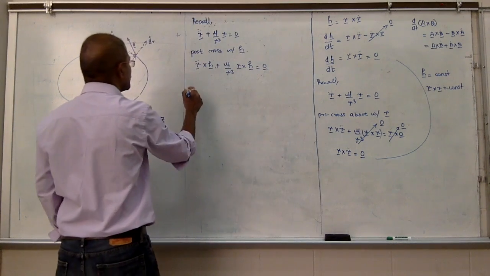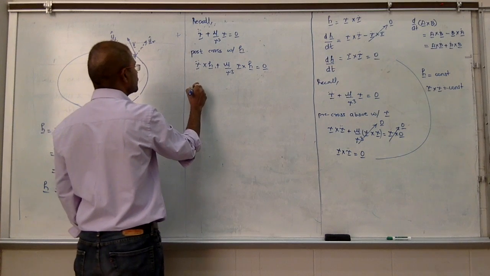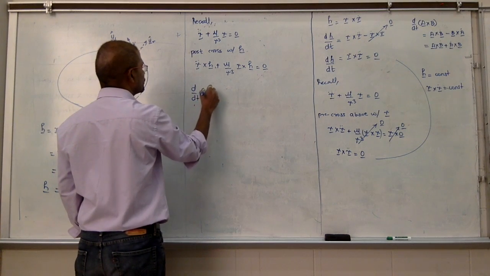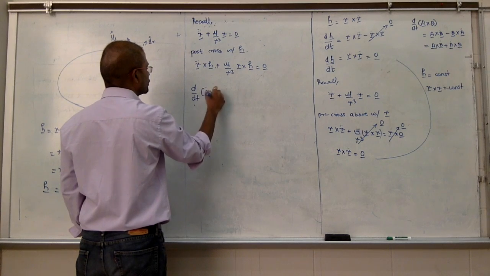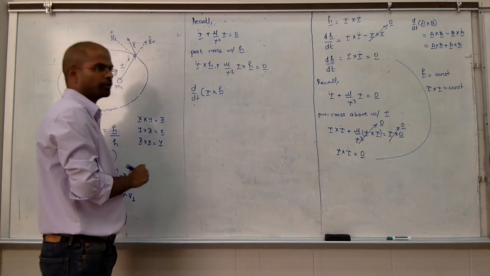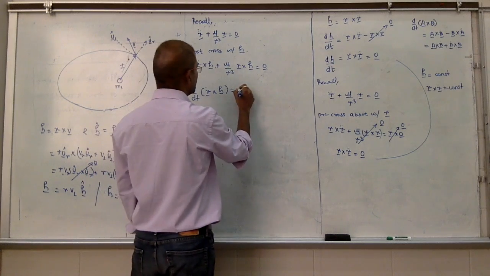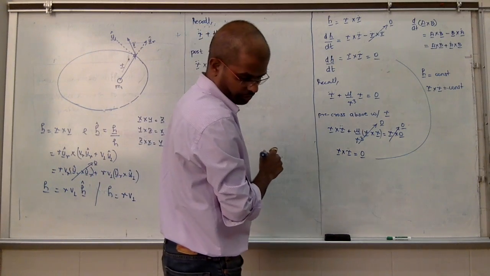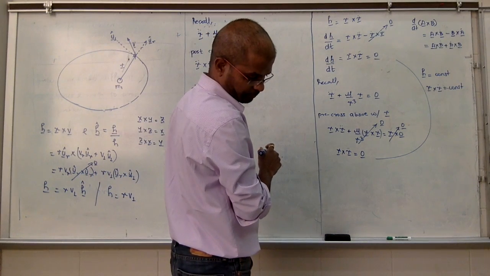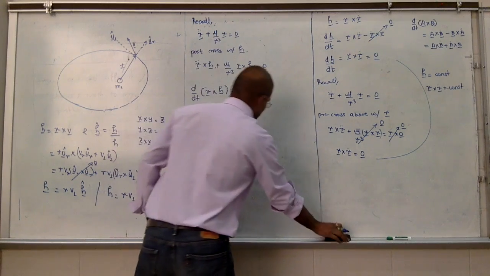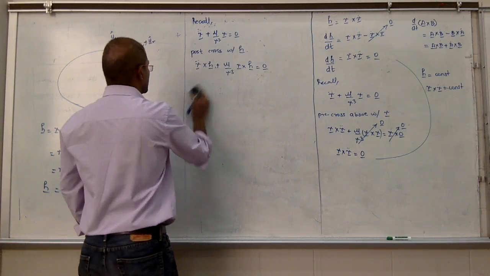So here what you can do is you can write this as d over dt of r dot cross with h. Let's do this.